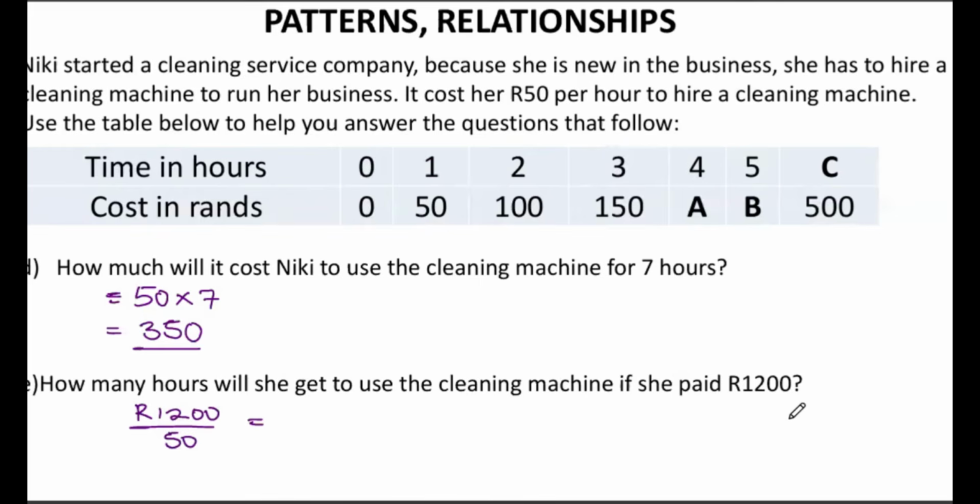So 1,200 divided by 50, this will be 24 hours.